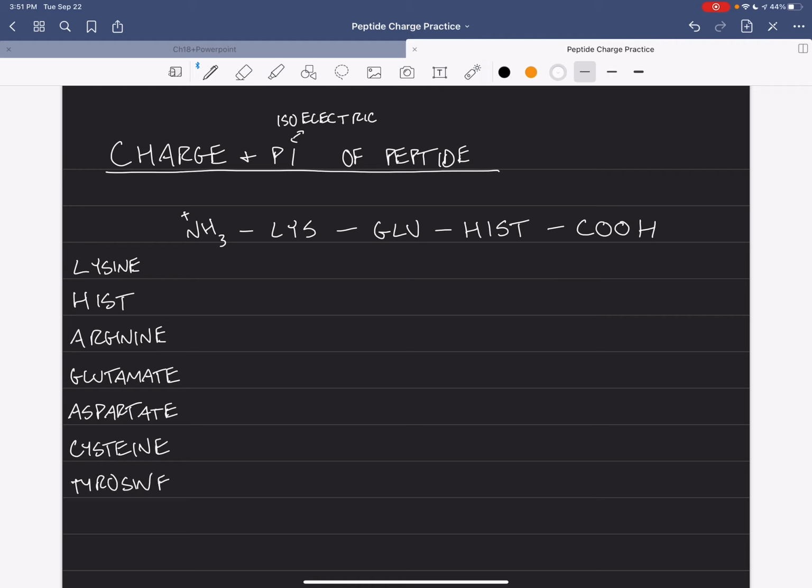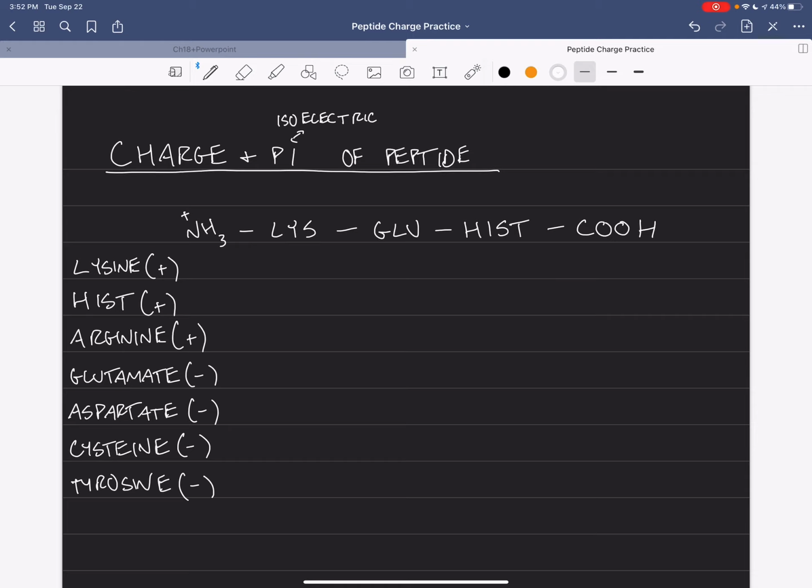And those usually carry a negative charge along with these. And these are your positive ones. You double check that. Aspartate, cysteine, glutamate, and tyrosine, as well as carboxyl. So that's kind of the list that we need to remember.